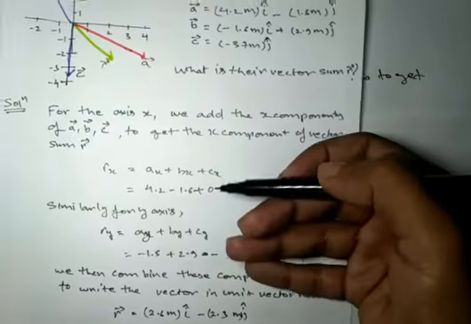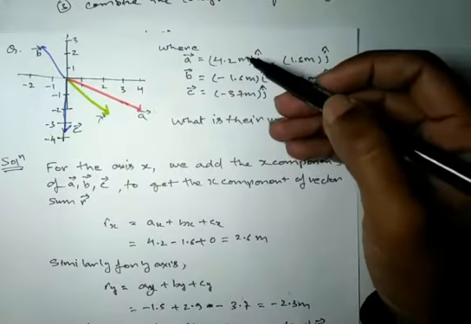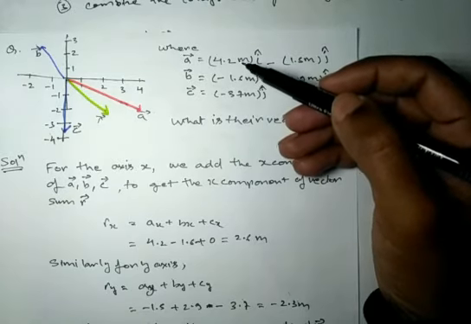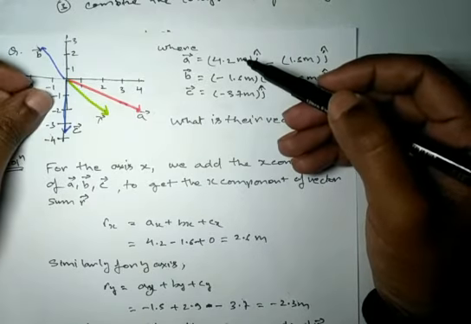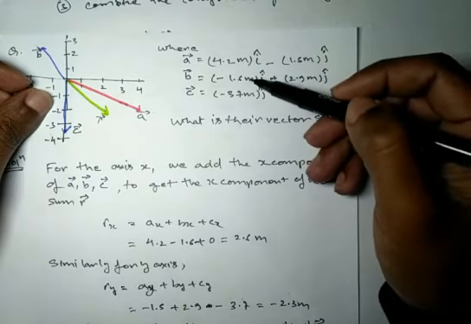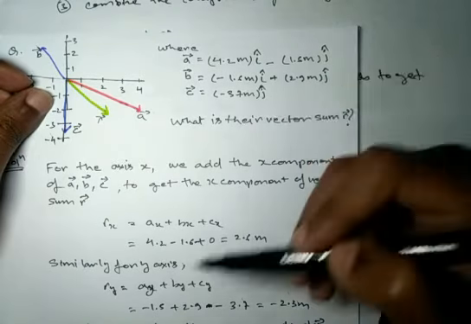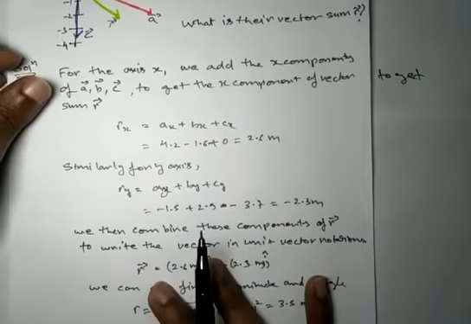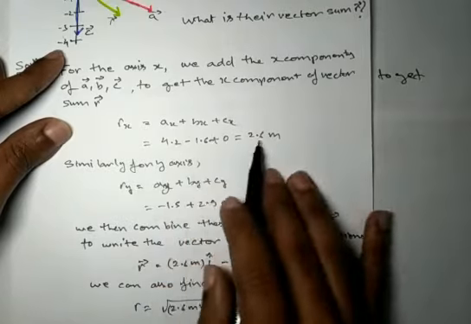When we put the values of ax, bx, and cx here, we get the x component of vector r.